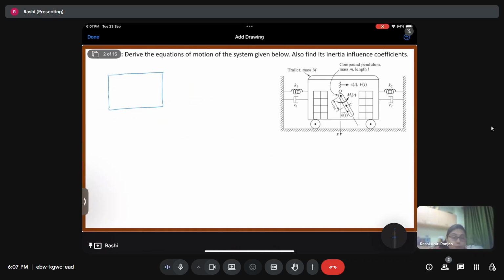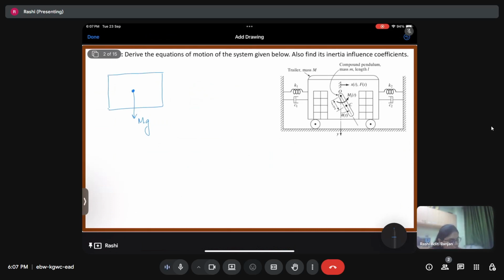And we have two viscous dampers, so definitely we have viscous damping here. Now this is our trailer which has a mass capital M. The mass is concentrated at the center, so it has a gravitational weight of capital M into G. Apart from that, we have two springs K1 and K2 attaching our trailer to the two supports.